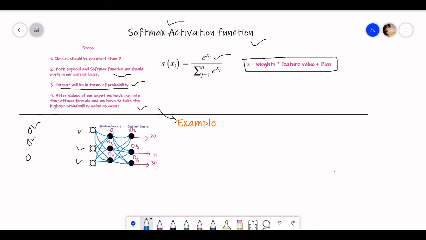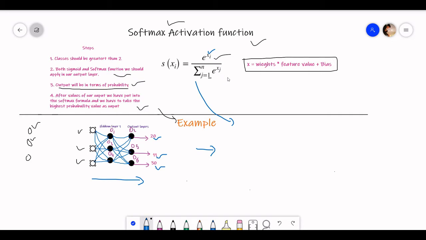So here our x is nothing but weights into feature value plus bias. So let's take an example. After the forward propagation, it will give us values such as 20, 11, 30. So according to this formula, we have to put these values one by one into this formula.